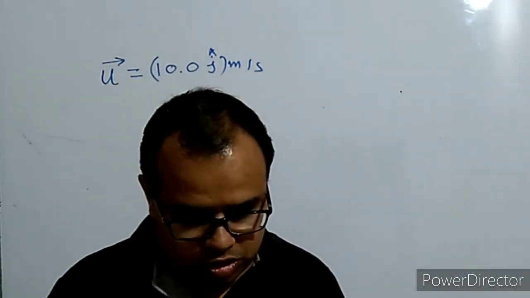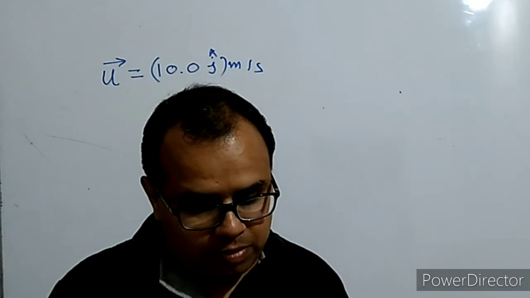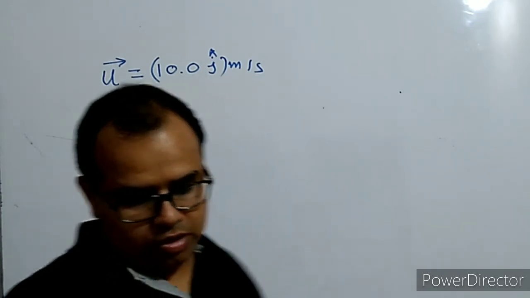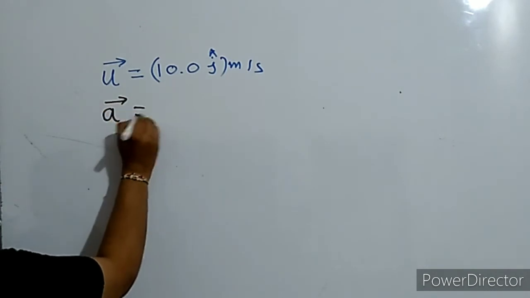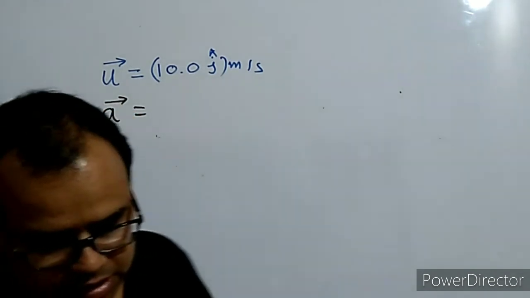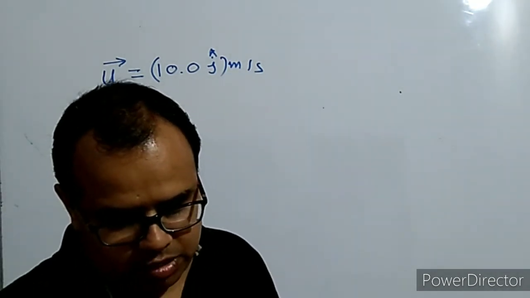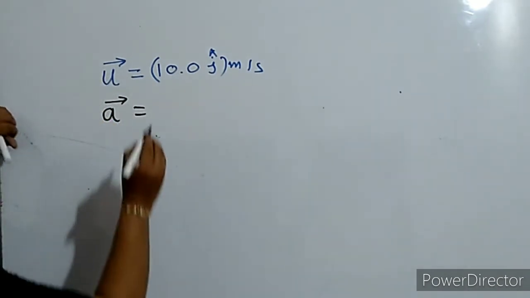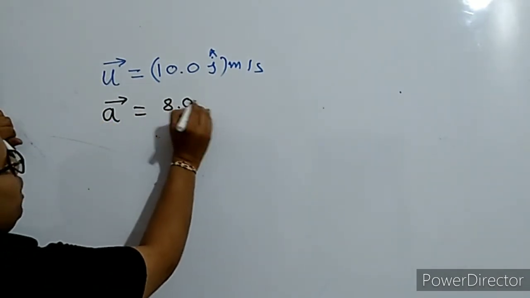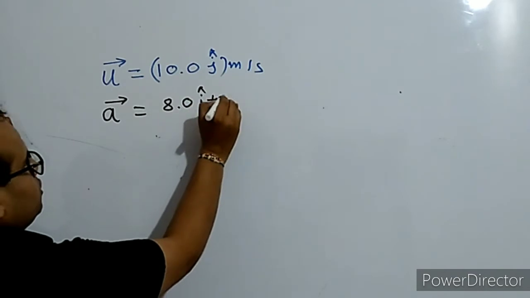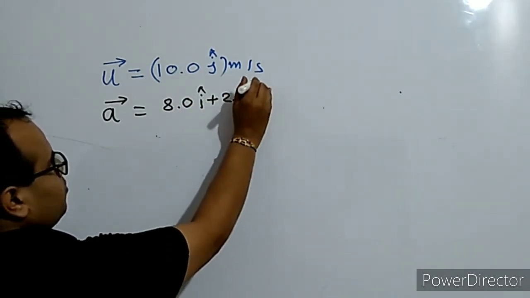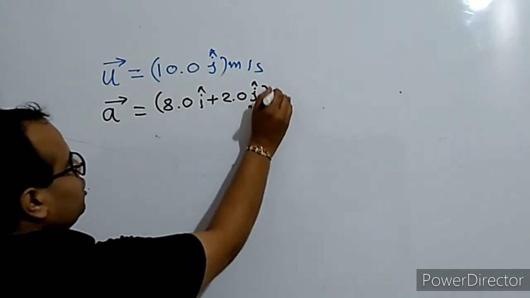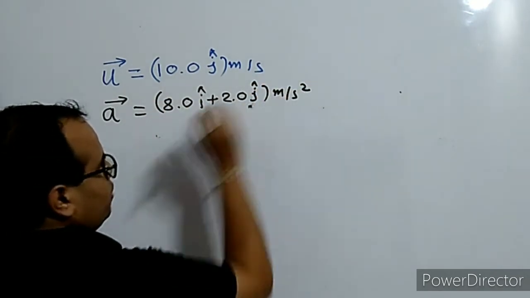This is the initial velocity, and it moves in the xy plane with a constant acceleration. So the constant acceleration vector is also given, and that is 8.0 i cap plus 2.0 j cap, in meter per second square.